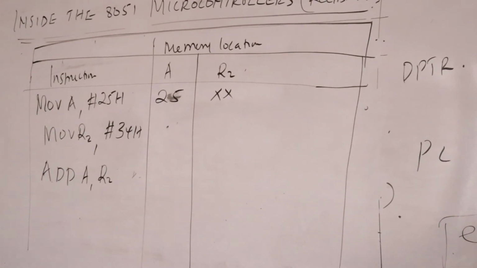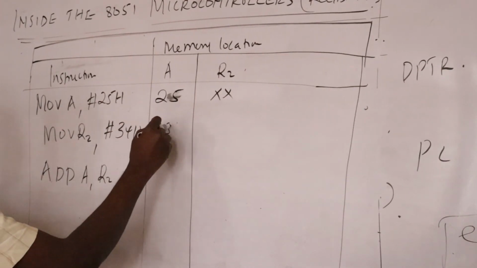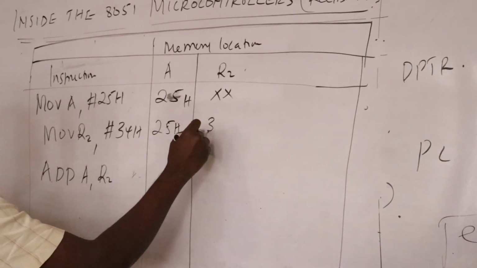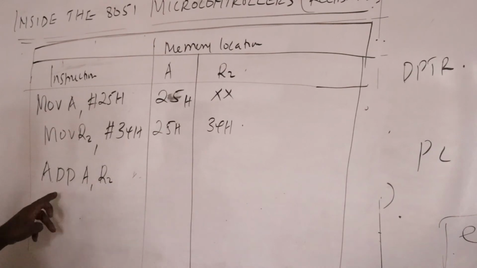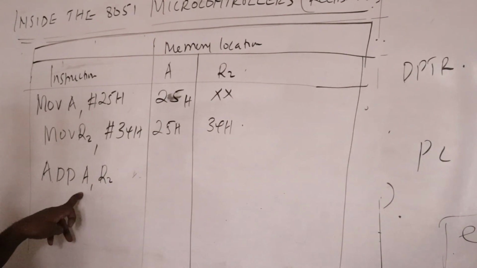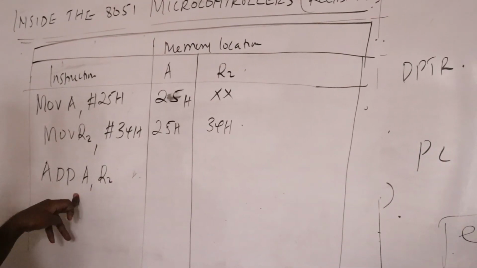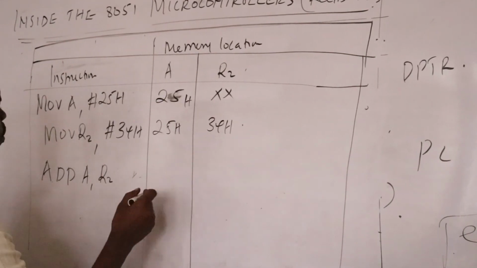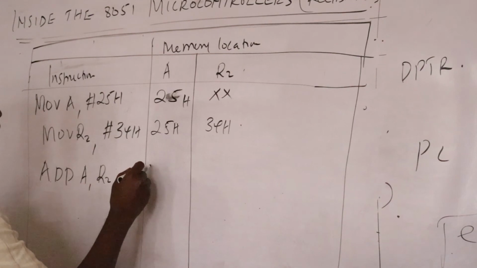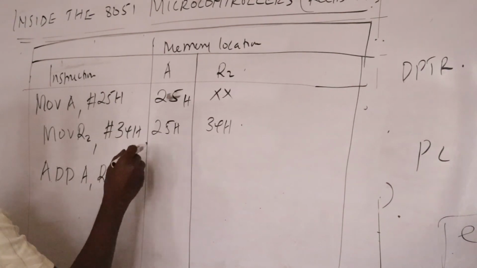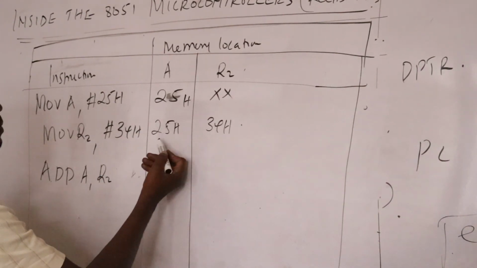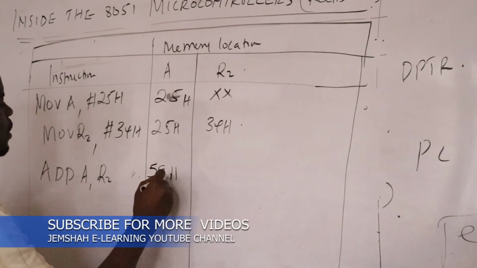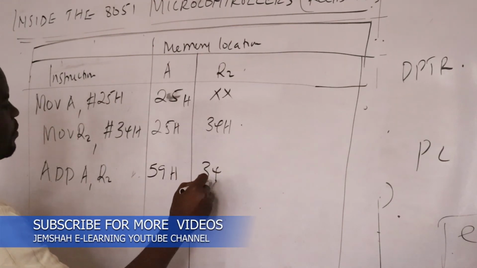In the second instruction, A will still have 25H and R2 will be having 34H. Then we are told to add R2 to A, and the result, as we said, will be stored in A again. So we are going to add the two of them. At the end of that, A will be having 34H plus 25H, which is 59H, and R2 will still have 34H.